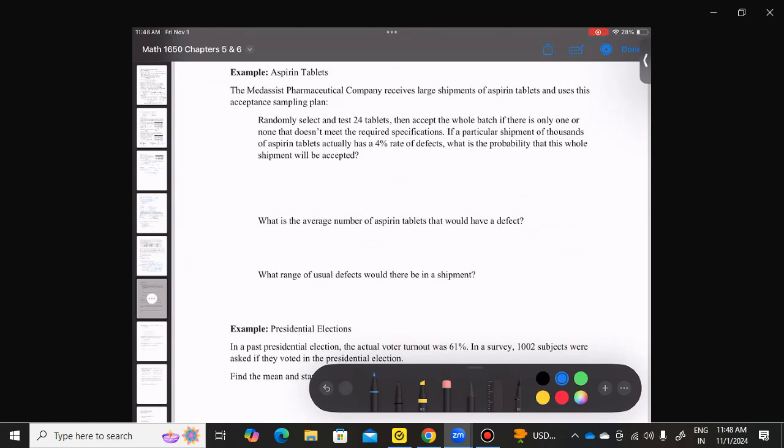Alright, so if it actually has a 4% defect, we're going to see what the mean is, or what the actual number would be that would be defective. Let's get our values first though. First, let's make sure this is a binomial distribution. Your success is going to be, again, defect, and failure is no defect.